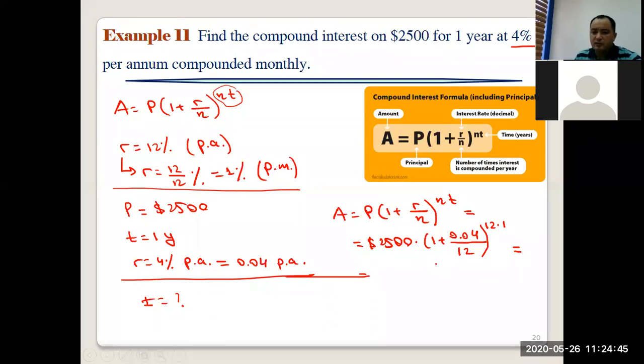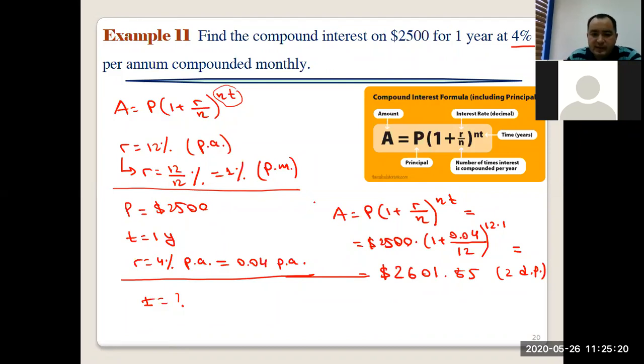Now we are using the calculator. We can evaluate this. It is 2,500 times open brackets 1 plus fraction 0.04 divided by 12, close the bracket, to the power 12, which is equal to 2601.853, so that is 2601.85, correct to two decimal places.